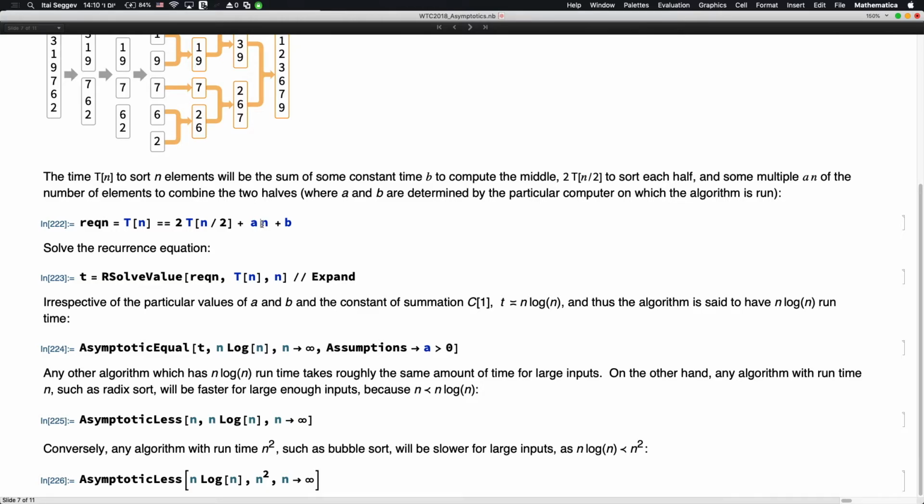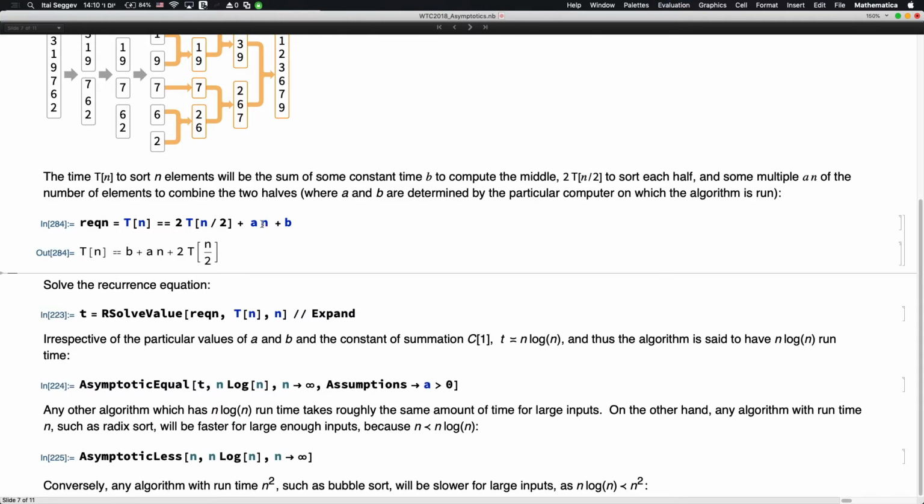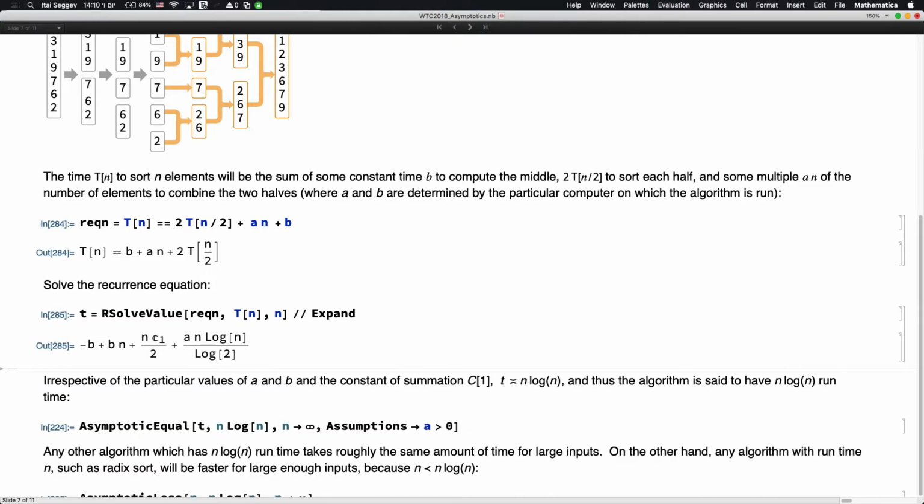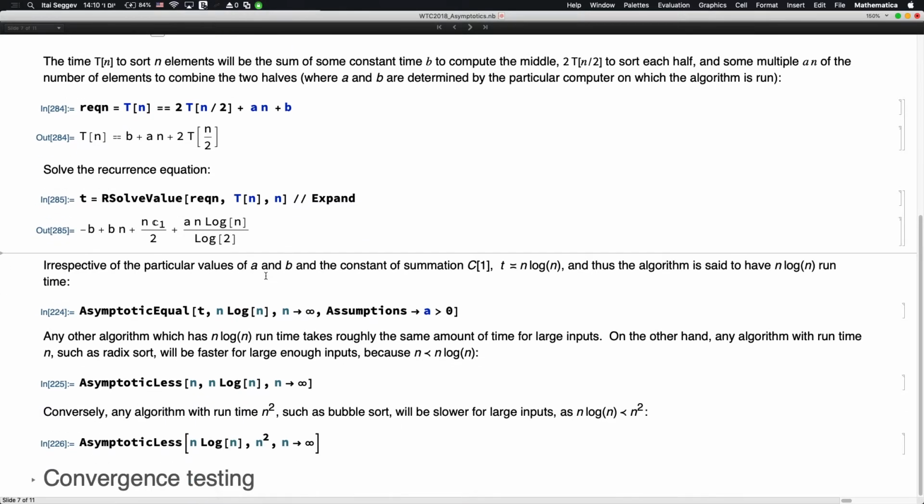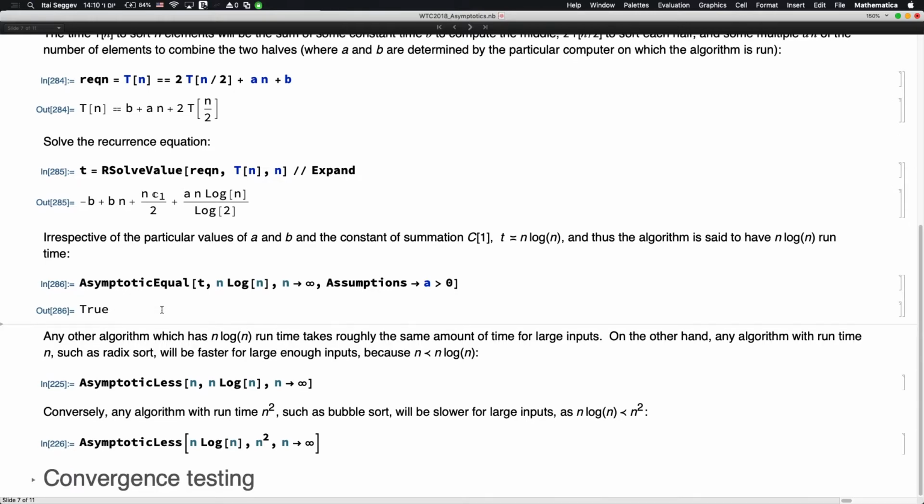So the time T of n to sort n elements will be the sum of some constant time b to compute the middle, because we're splitting it in the middle, 2 T of n over 2 to sort each half, because it's a recursive algorithm, and some multiple a n of the number of elements to combine the two halves, where a and b are two positive numbers determined by the computer and your compiler and whatever else determines how fast these instructions actually run.